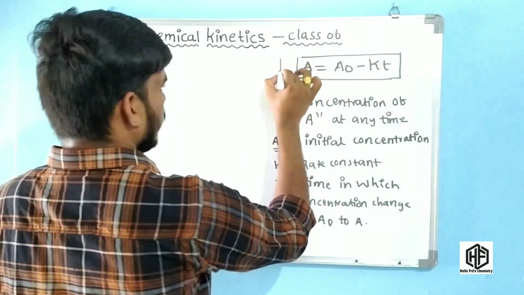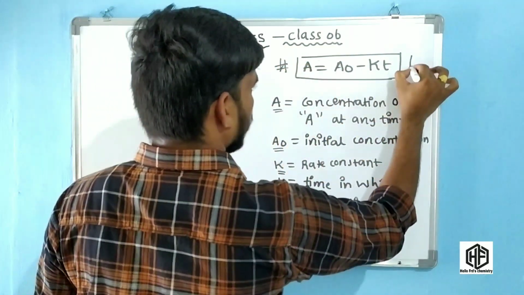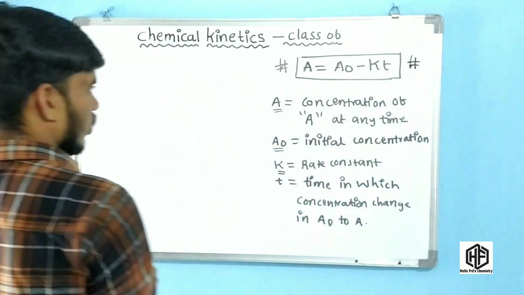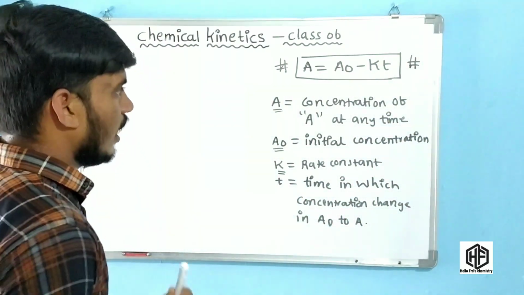This is the integrated rate law, and it is very important: A equals A naught minus kt.